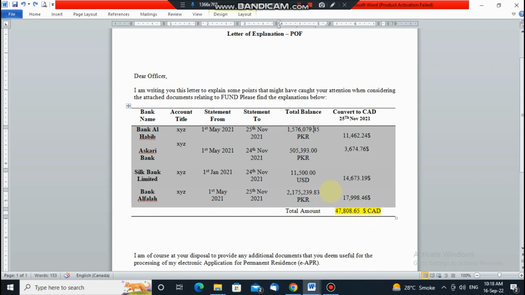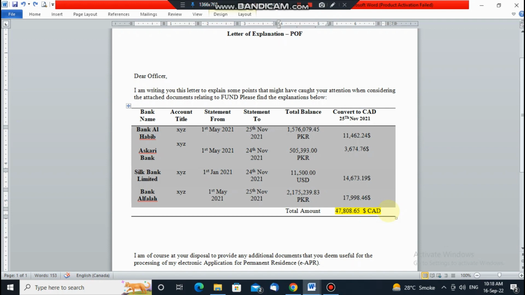If you look, my account is more than 47,000, but we are three people, and I have to show 21,000 something, or I think 20,300 something. Anyway, I just want to tell you to keep your amount more than double if you can. You can show multiple accounts. It doesn't matter whether it is in the name of the principal applicant or the spouse.